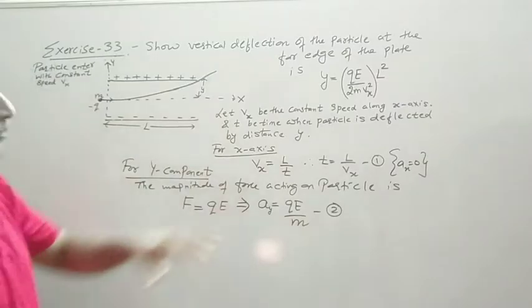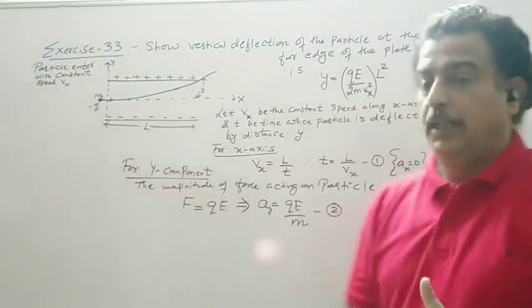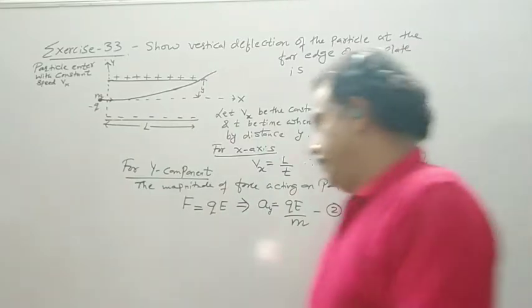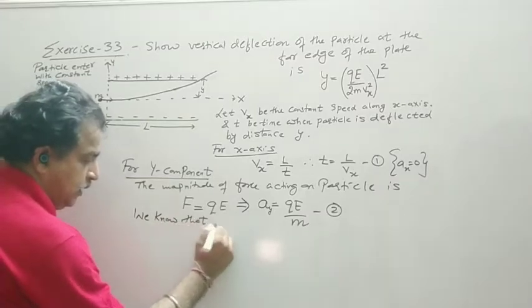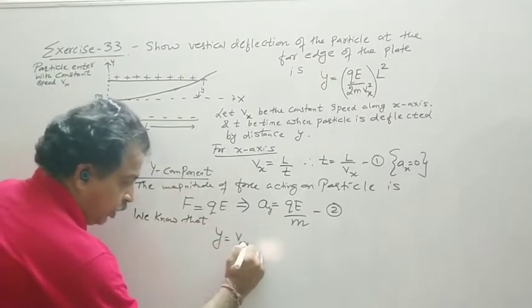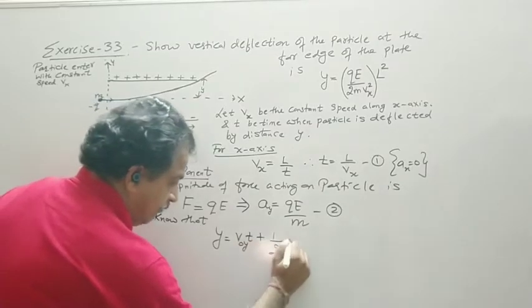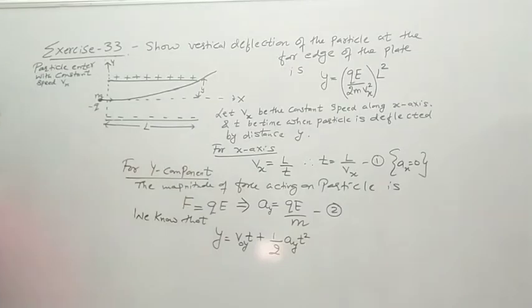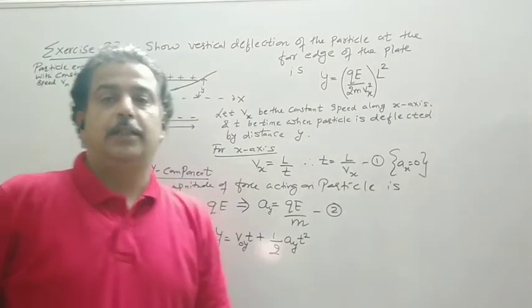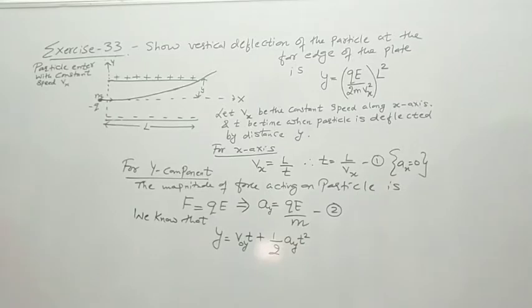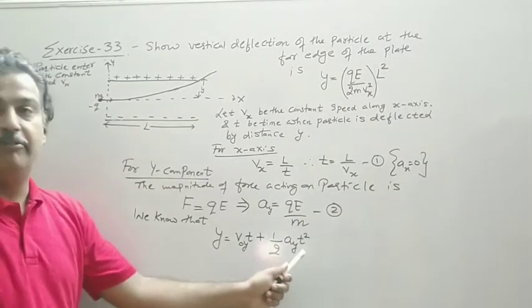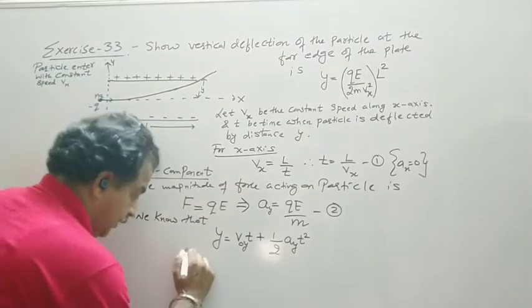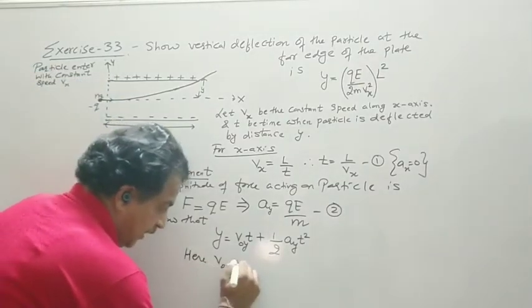Now I have to find out the deflection. So we take the help of the second equation of motion. We know that y is equal to v naught y t plus half ay t square. So we have to find out the vertical displacement or vertical distance. Here v naught y is equal to 0.